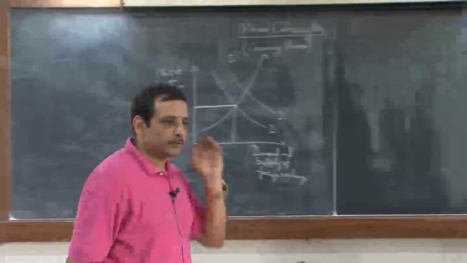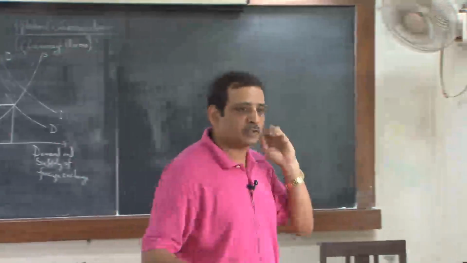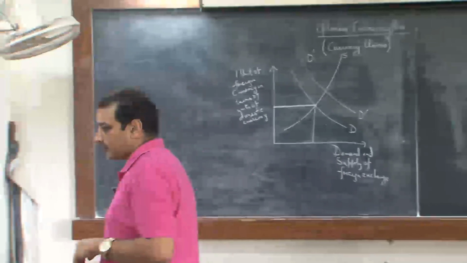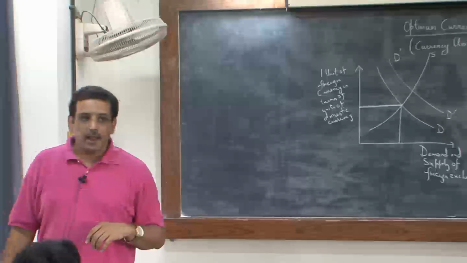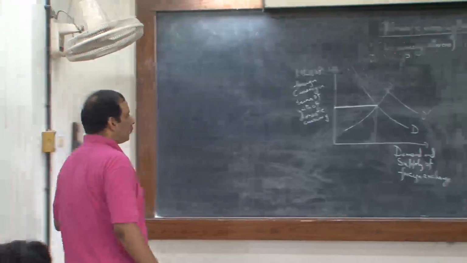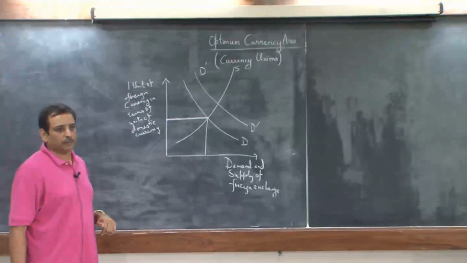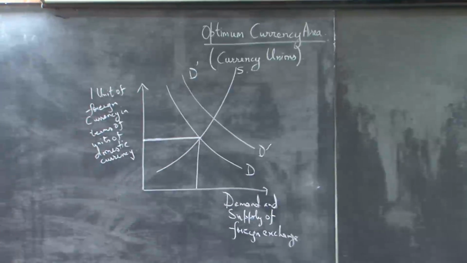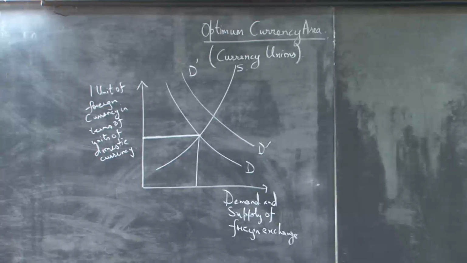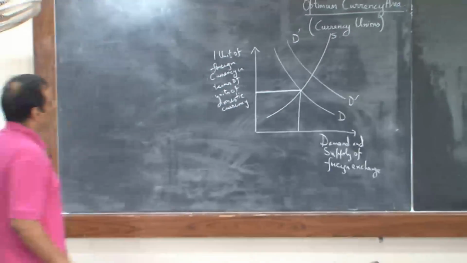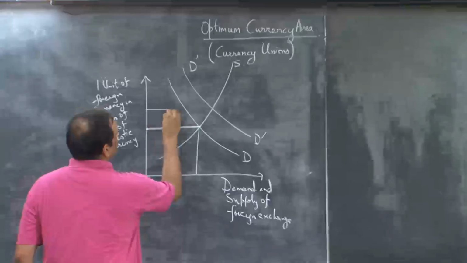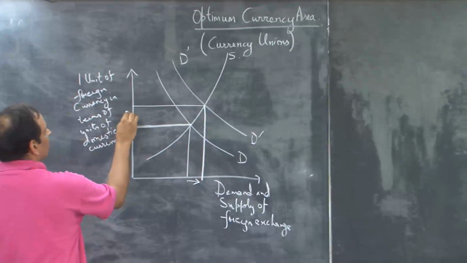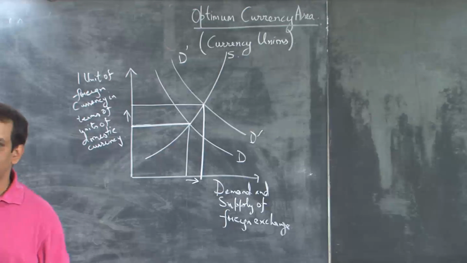Now in this type of scenario, say for example, the East Germans start liking goods emanating from the West. If it were a floating exchange rate, it wouldn't matter much, because if the demand for the Western goods increases, the demand for foreign currency goes up. Your exchange rate changes, that means your domestic currency depreciates, the foreign currency appreciates.